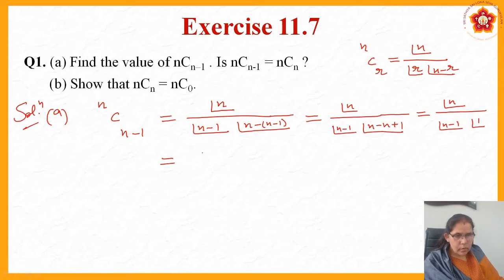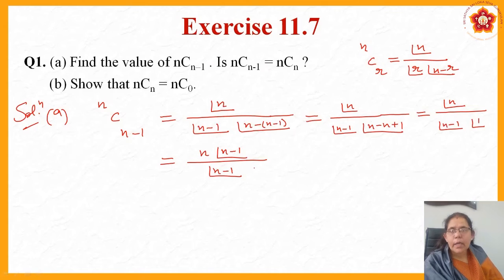So we have got factorial n, and factorial n I'll write as n into factorial n minus 1. And here in the denominator we have factorial n minus 1, because for 1 there is no need to write that, factorial 1 is 1. So this gets cancelled, we are only left with n.